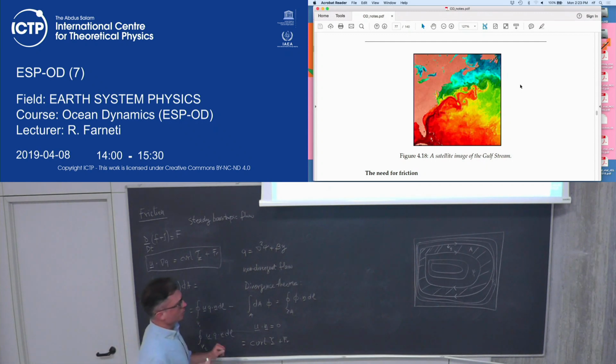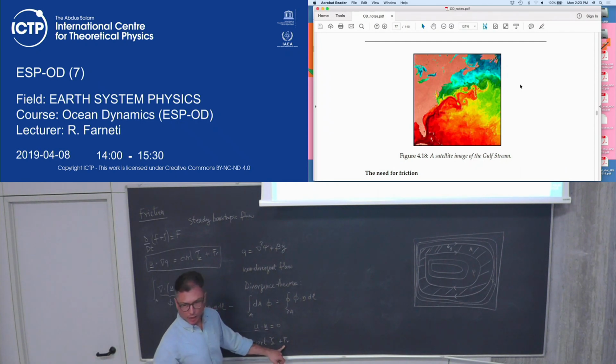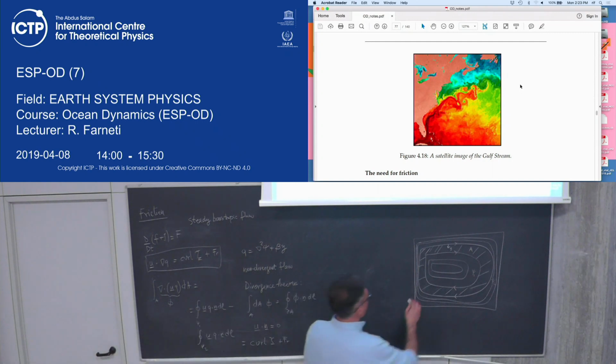So given that the left-hand side is equal to 0, in every infinitesimal surface A, the curl of the wind stress will have to be balanced by the frictional effects. Okay? And so what this means is that every streamline has to go through the boundary layer.